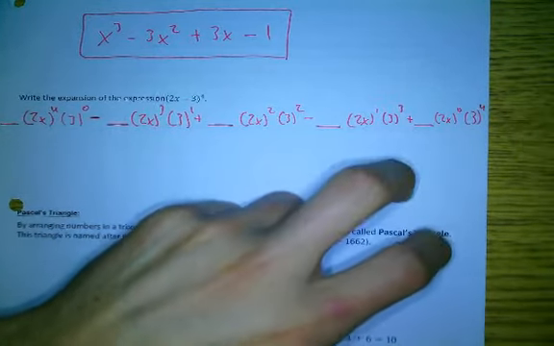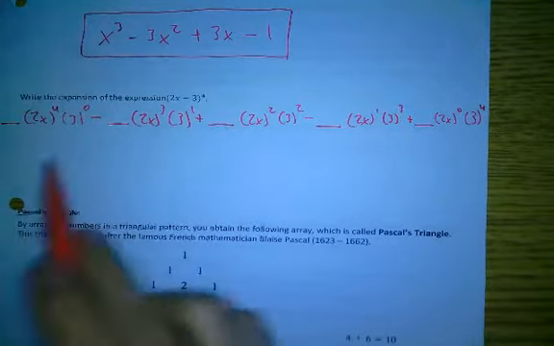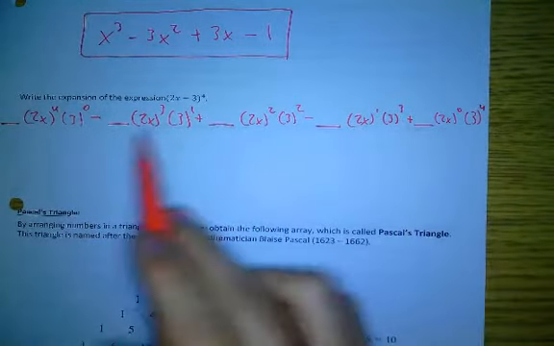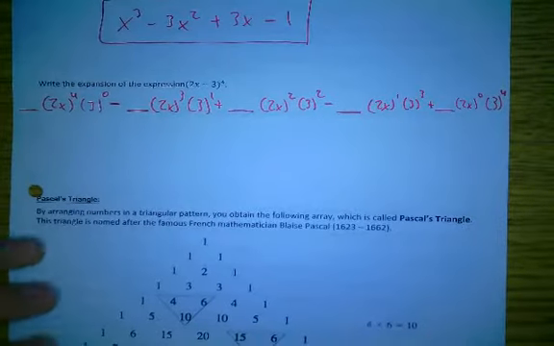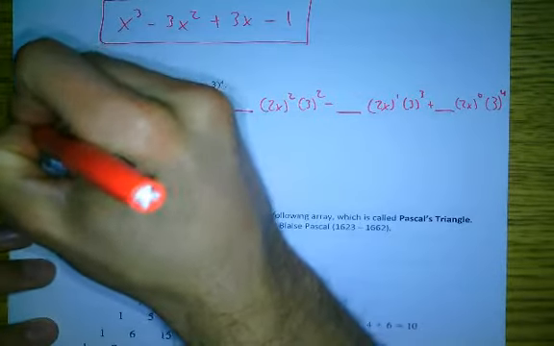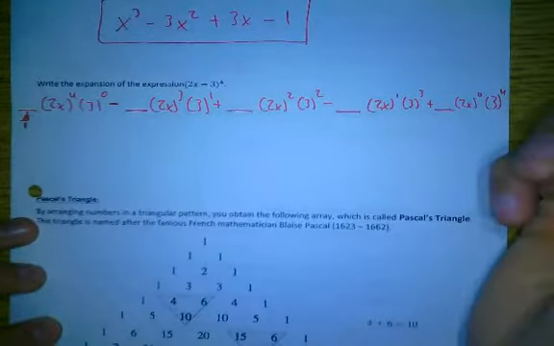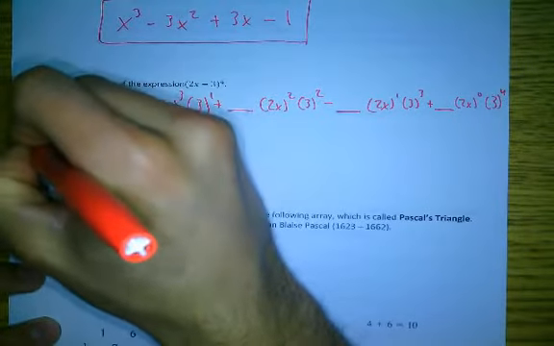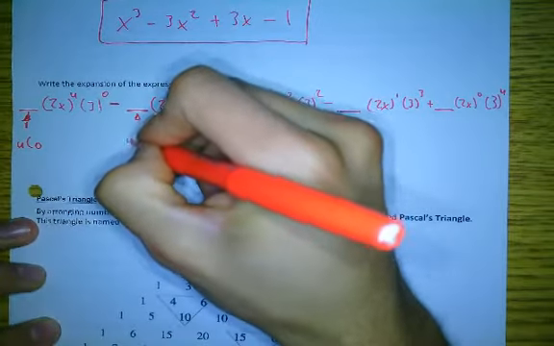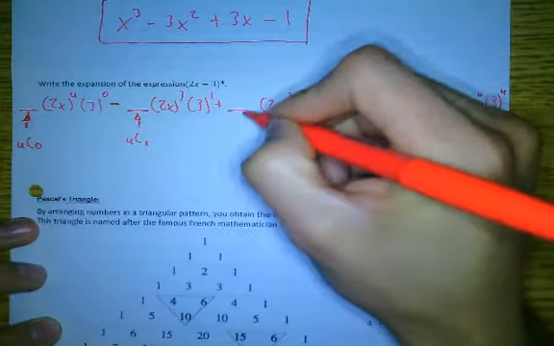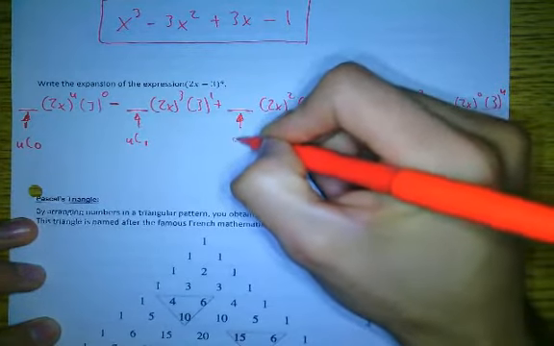Cool? Alright, so now all you're going to do is use combinations to help you figure out each one of these. Well, this one is going to be 4 choose 0. For that one, you're going to do 4 choose 1. For this one, you're going to do 4 choose 2. 4 choose 3. And 4 choose 4.